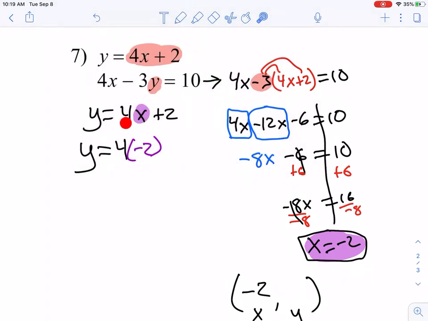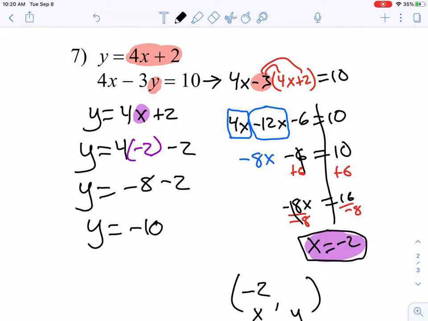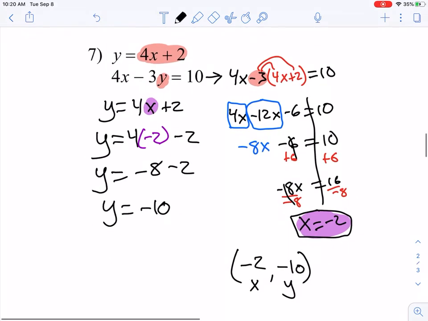Same way this says 4 times x, so we're going to say 4 times whatever our value is for x, and then plus 2. And now I can solve this. So y equals 4 times -2 is -8. And -8 plus 2 is -6. So -2 comma -6.